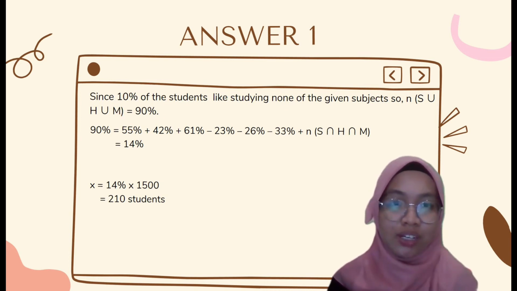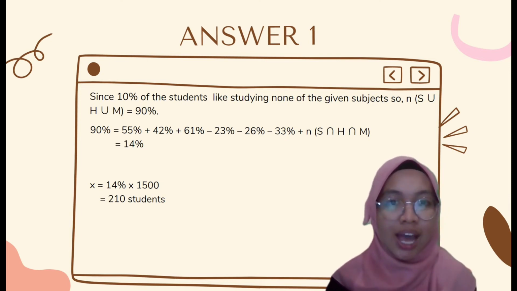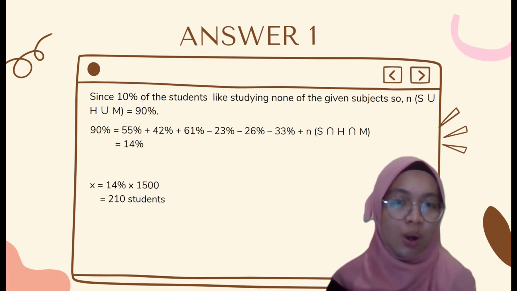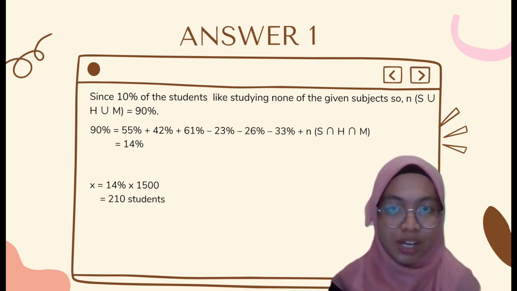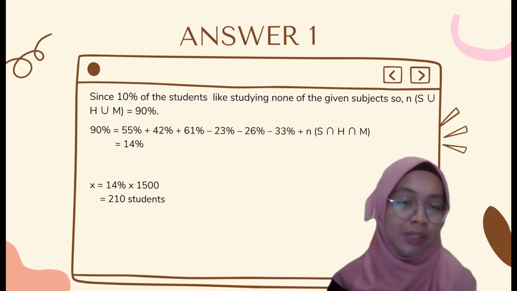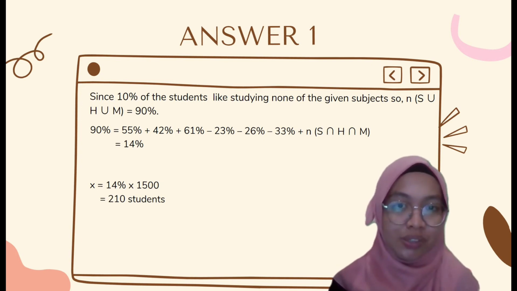If we want to find the students that like to study all the 3 subjects, first we need to do the addition method. Add the students who like science, which is 55%, with the students who like history, which is 42%, and the students who like mathematics, which is 61%.